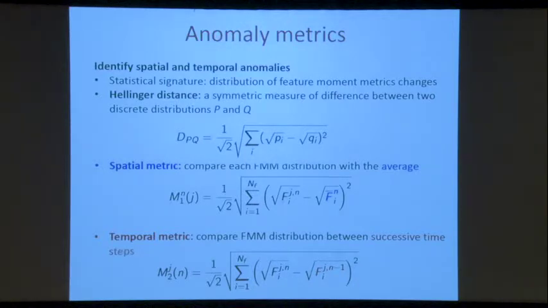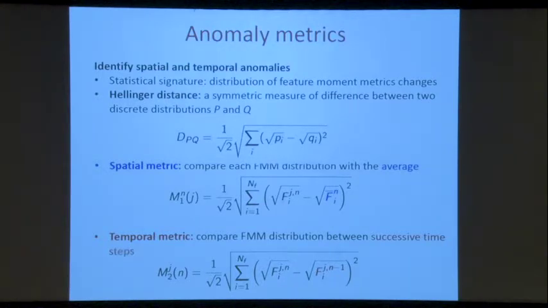And so what we're using to define this is the Hellinger distance, which is a symmetric measure of the difference between 2 different discrete distributions P and Q. And the value of this metric is 0 when there's no change, and it's unity when 2 quantities are complementary.